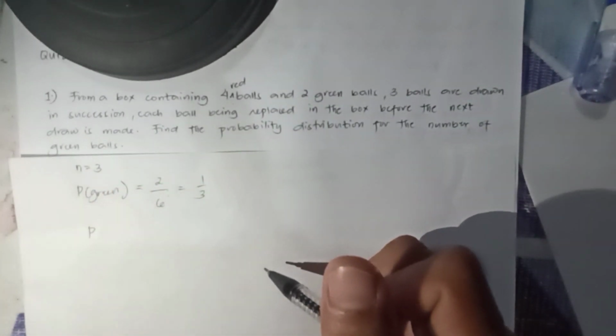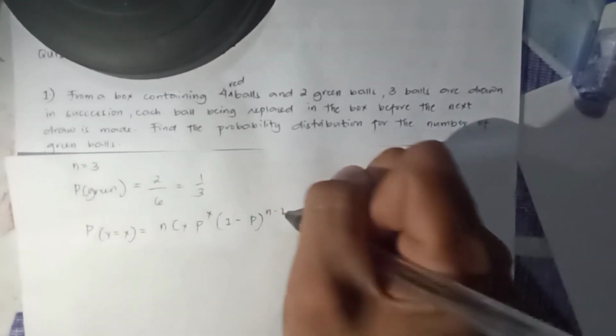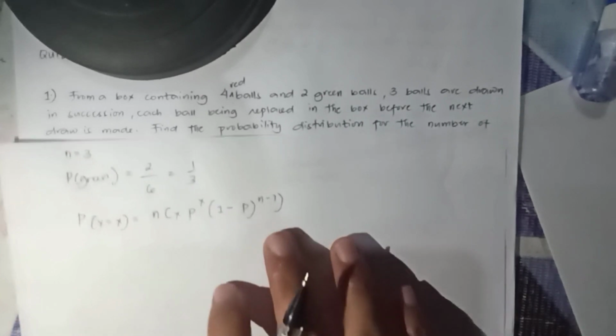we need to substitute the value of your x, which is from 0 to 3, into your given formula. P of x equals the combination of n choose x, p raised to x, times 1 minus p raised to n minus x. And then you substitute the values.